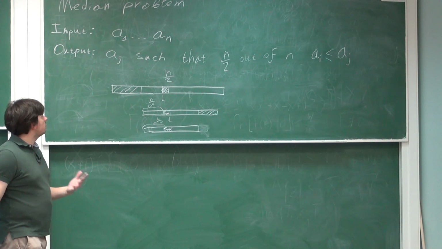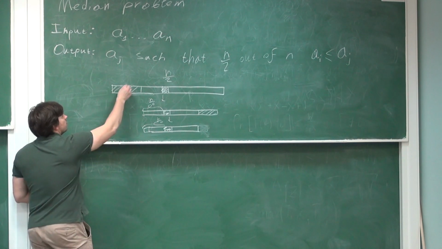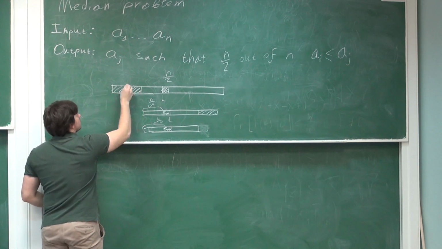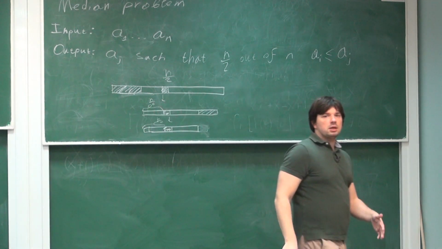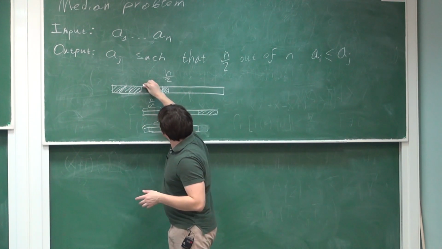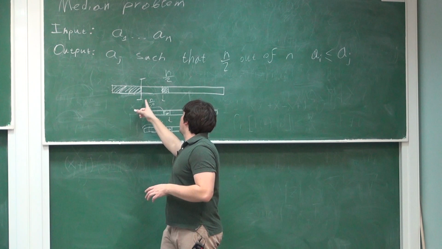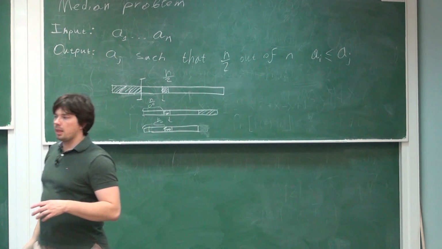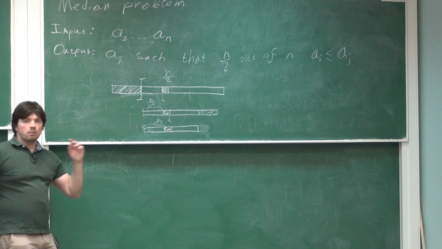So how do I do this? How can I say that all those guys are to the left of the median, and so I can throw them away? Well, let's say I know some number that is to the left of the median, just any number to the left of the median.